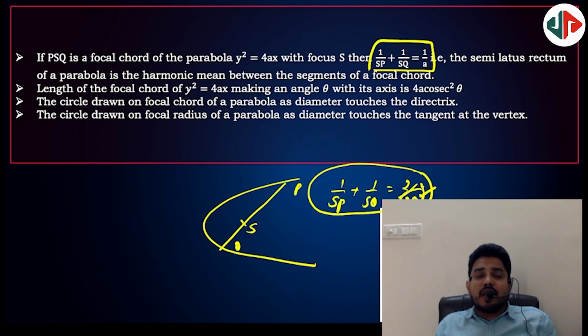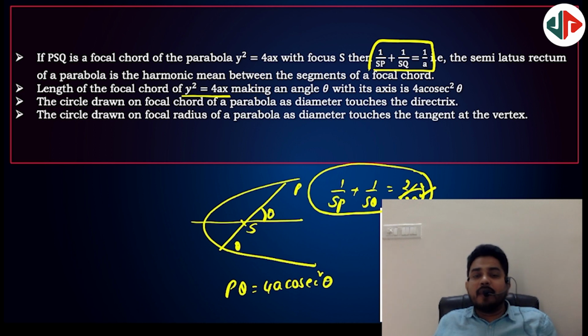Length of the focal chord of y square is equal to 4x, making an angle: if this line is making an angle of theta, this PQ will be equal to 4a cosecant square theta. A circle drawn on the focal chord as the end points of diameter.